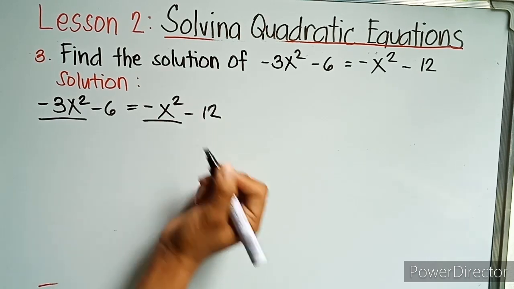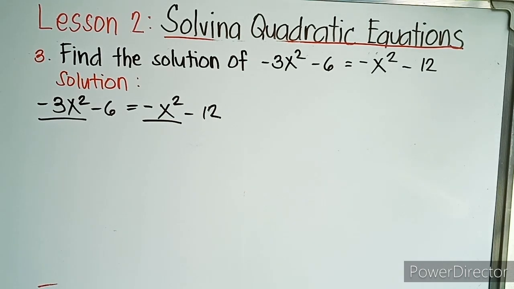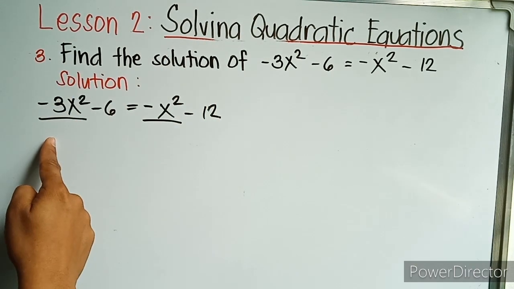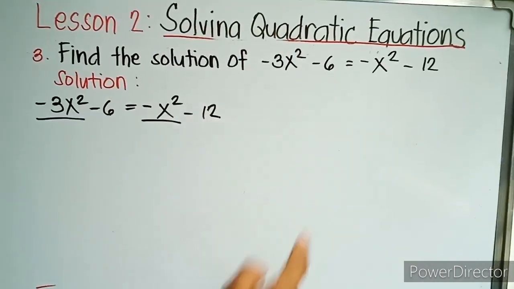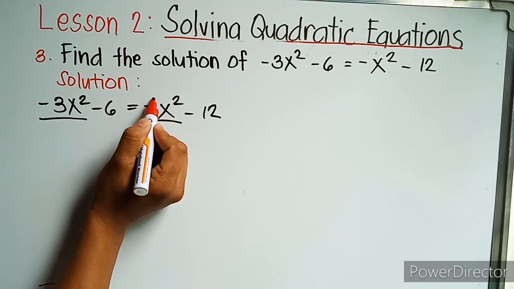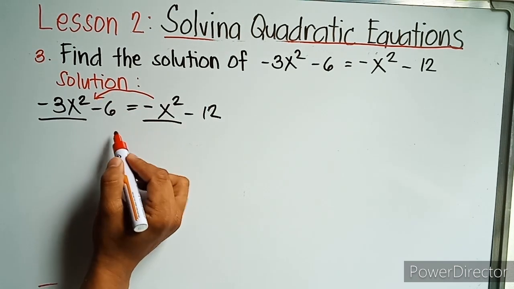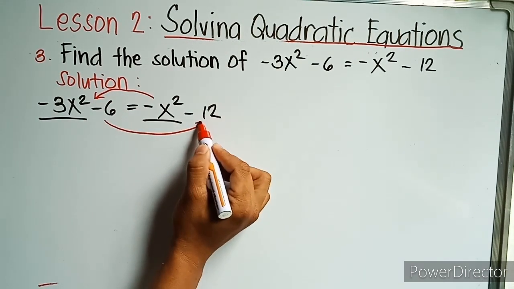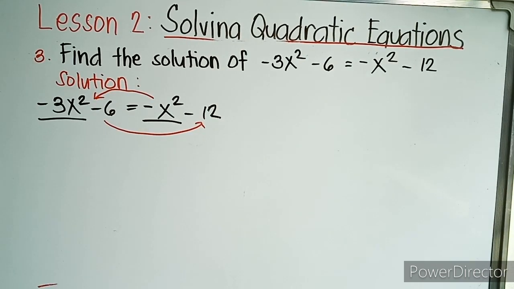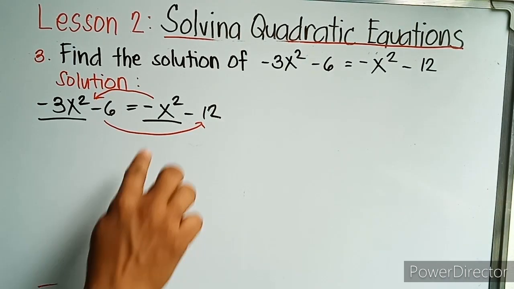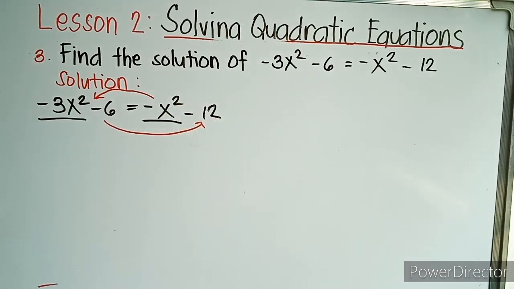Ito, tsaka ito. Ang gagawin natin, i-isolate daw natin lahat ng x squared sa left side at lahat ng constant sa right side. Itong si x squared, mapupunta dito, at yung si negative 6, pupunta naman doon. Paano? By getting the additive inverse. Ano ang additive inverse ni negative x squared?